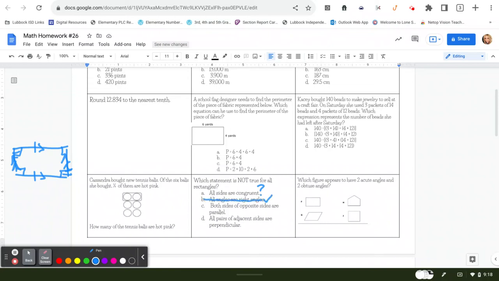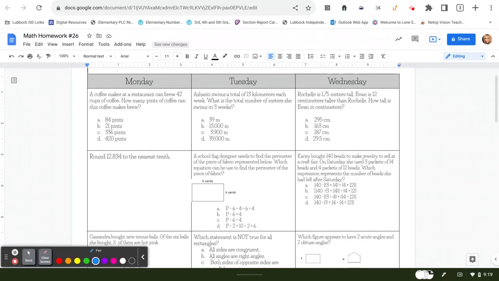Yes, that's true. I'm looking for false. Both pairs of opposite sides are parallel. Yes, this side is opposite to this side. That's true. All pairs of adjacent sides are perpendicular. Remember, perpendicular is where they meet and create a right angle. This is true. A is our correct answer because it is false.